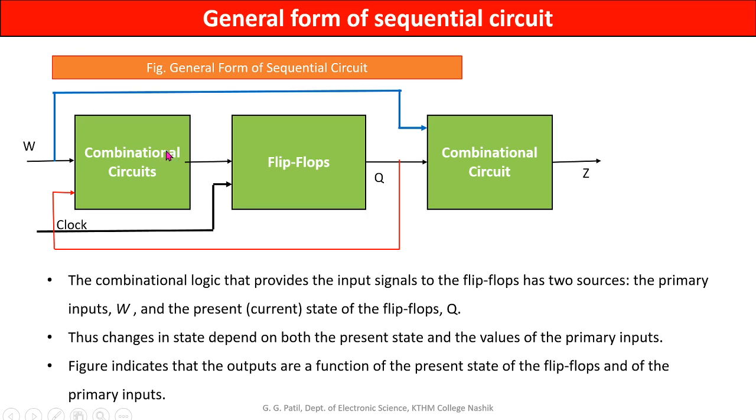The output of the combinational circuit is nothing but the excitation input to the flip-flop block or the memory block, and another input to that memory is a clock input that we know the flip-flop works on.